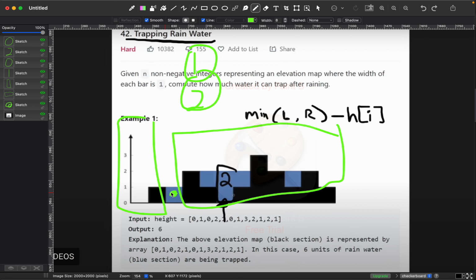So for this case, our max here is 3, obviously. Here is a 1. So the minimum of these two will be 1, and then 1 minus the height, 1 minus 0, equals 1.